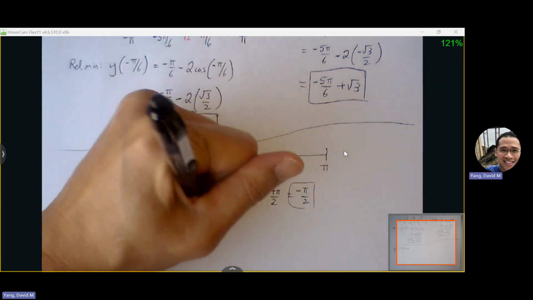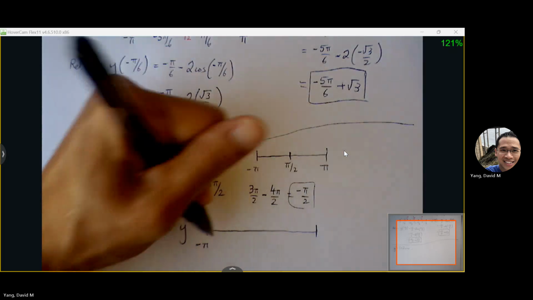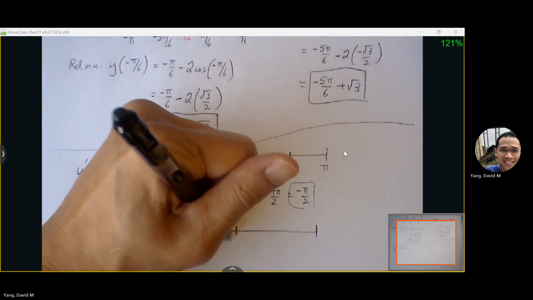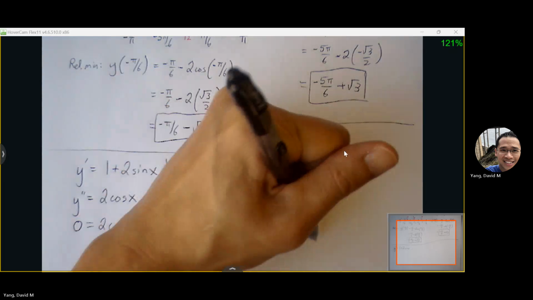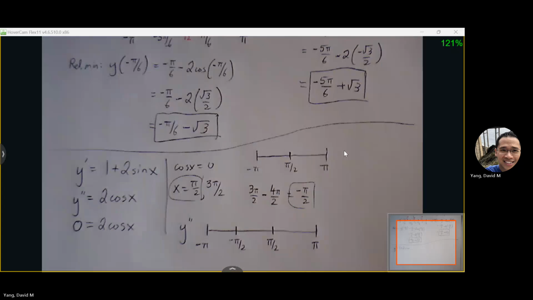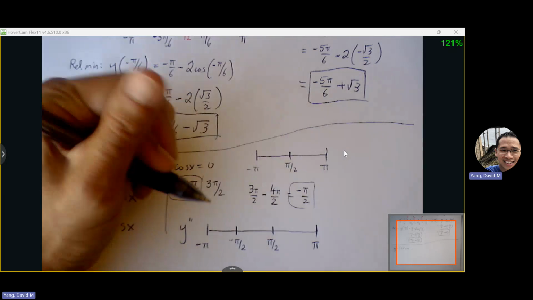Okay, second derivative sign line. Okay, between negative pi over 2 and negative pi, we can choose, let's say, negative 2 pi over 3.